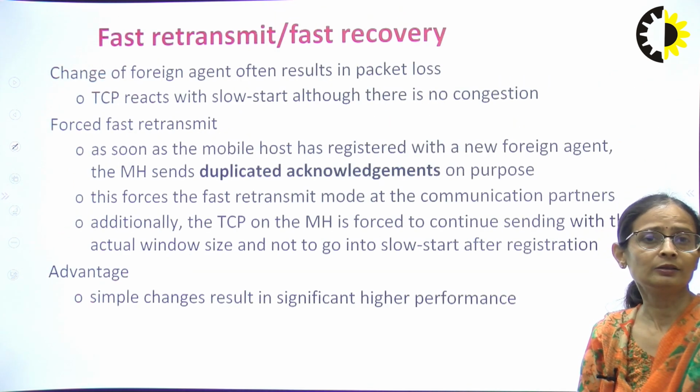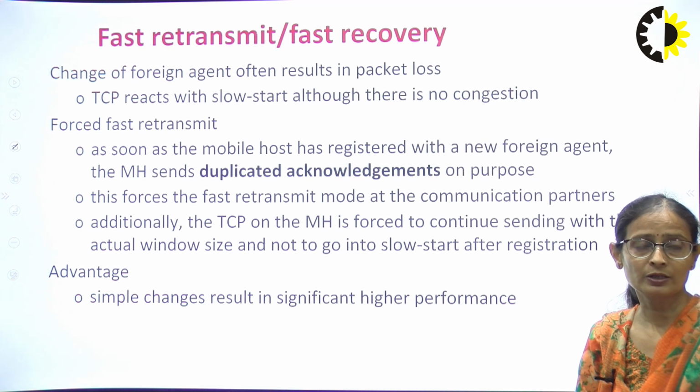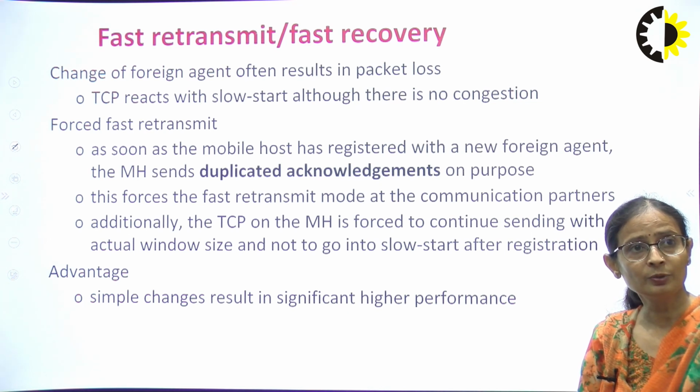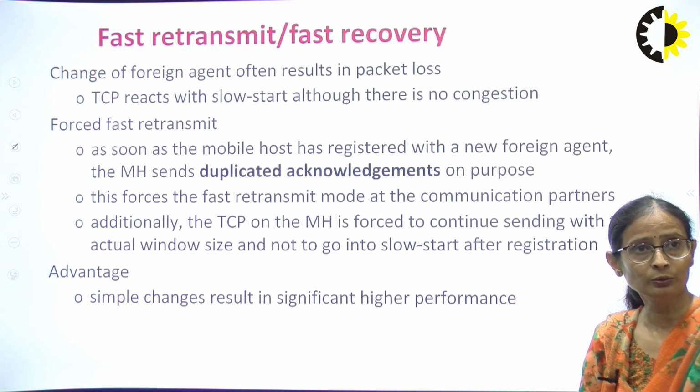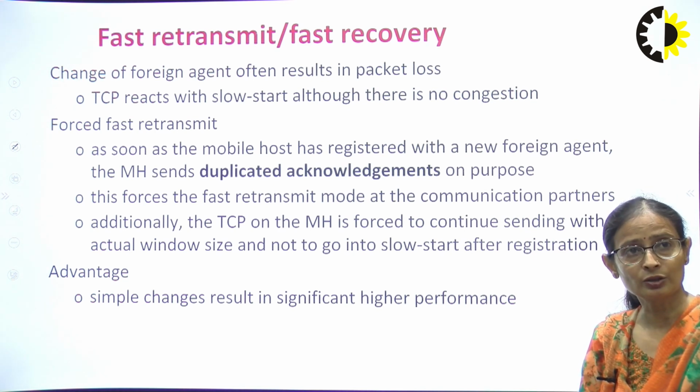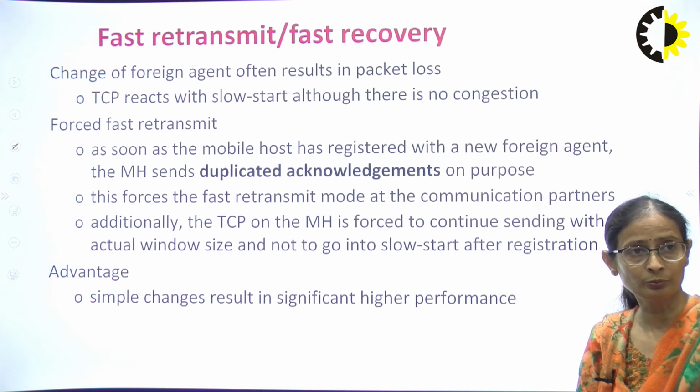Another variation is the fast retransmit or fast recovery protocol. Change of foreign agent often results in packet loss. TCP reacts with a slow start, although there is no congestion. So forced fast retransmit is done. As soon as the mobile host has registered with a new foreign agent, the MH sends duplicate acknowledgements on purpose.